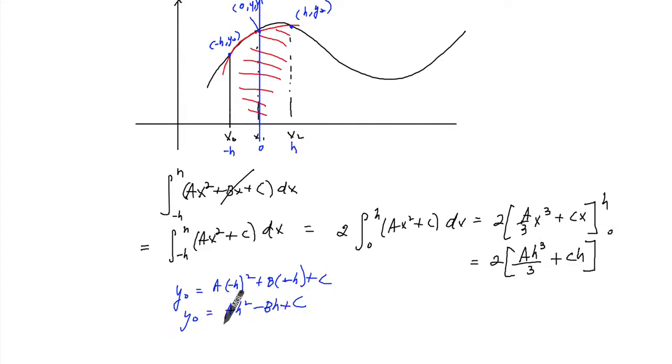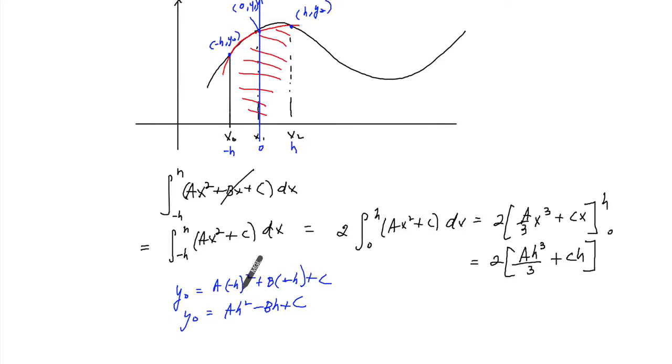I'm doing this because we want to generate a formula in terms of these intervals x0, x1, x2. So I want to replace the a and c here with y0, y1 and y2.